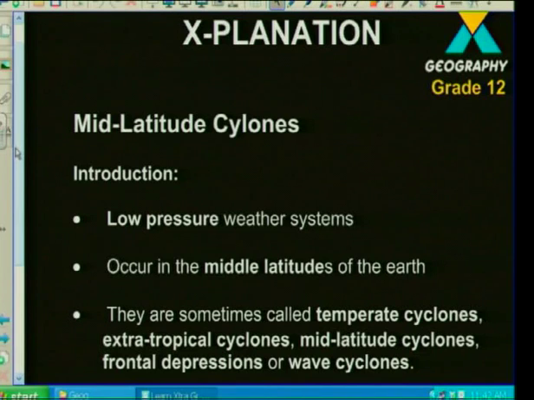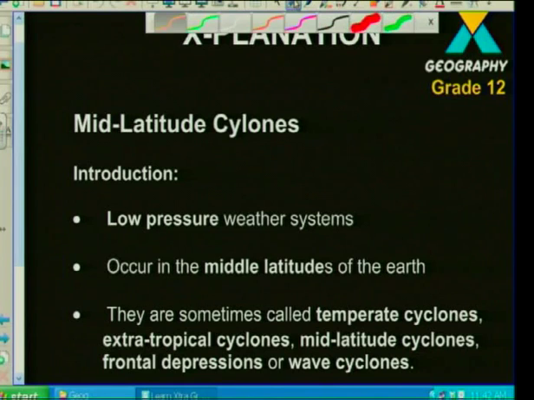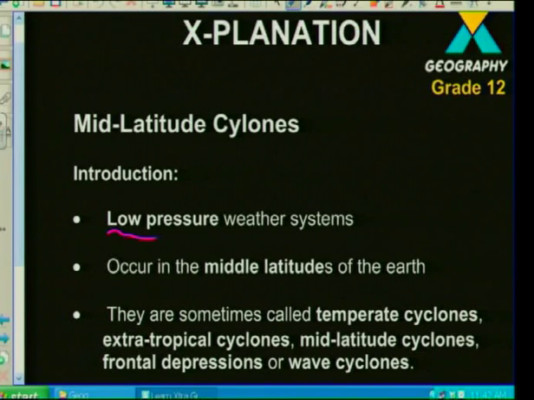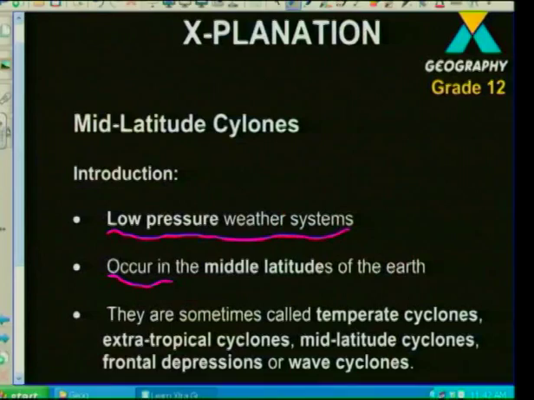First of all, we need to know that the mid-latitude cyclone is a low pressure weather system. Already you start getting thoughts of what low pressure is and the weather conditions associated with that. They occur in the middle latitudes of the Earth. Already you start thinking 30, 60 degrees.